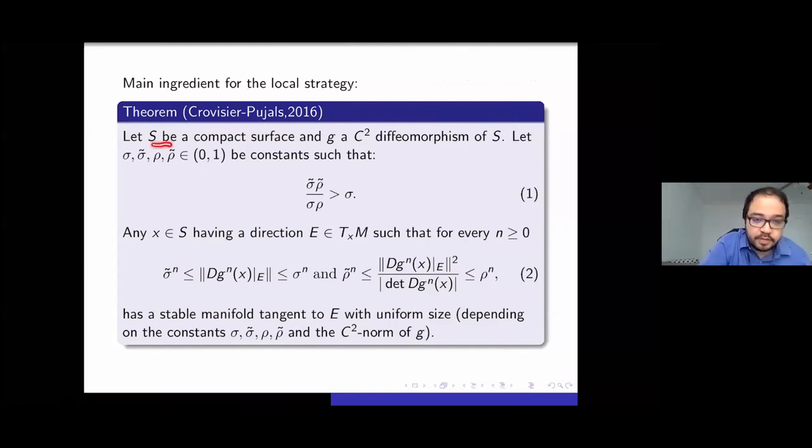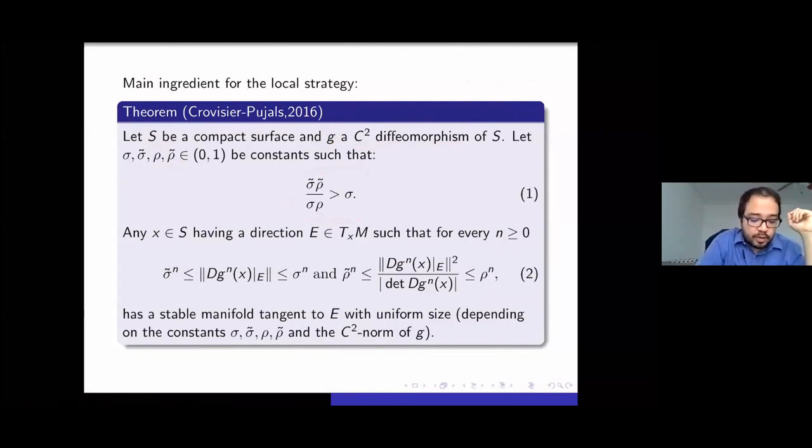So suppose you have a surface and a C2 diffeo of this surface, and suppose you have four constants between 0 and 1, such that they verify some numerical condition.